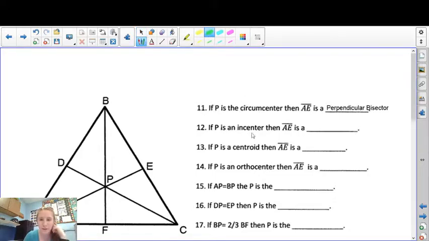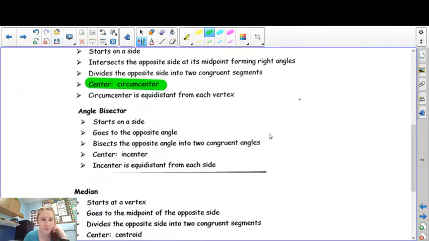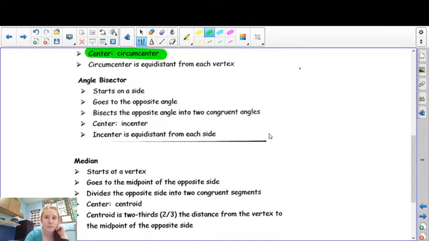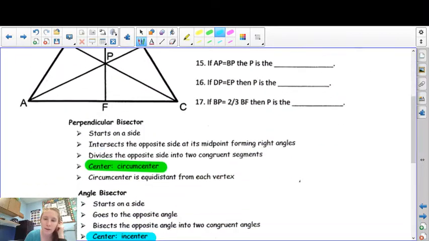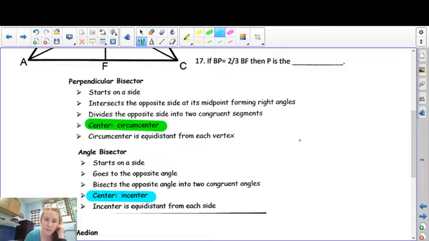If P is the incenter, there it is. Then AE is considered a, where's my mouse? Mousey, there.